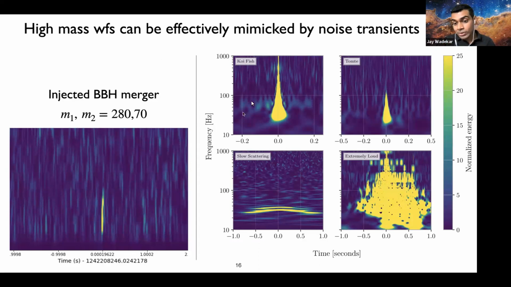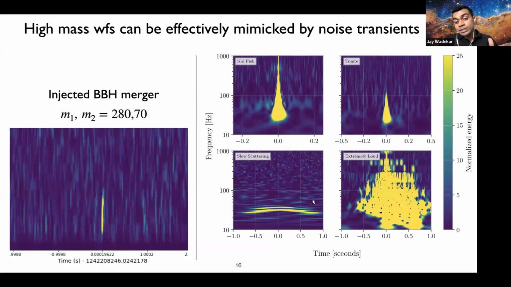For example, on the right, I've shown some of the popular noise transients that are seen in the data. People have given all kinds of creative names. So this is called the koi fish, as it looks like maybe one. These glitches are kind of blips in the data.